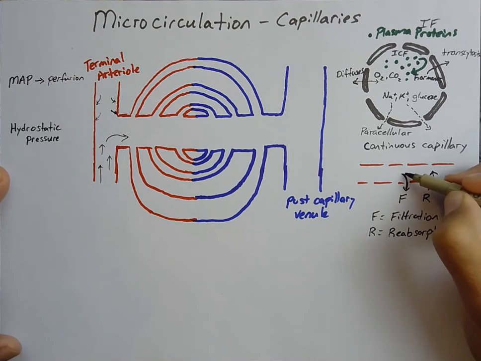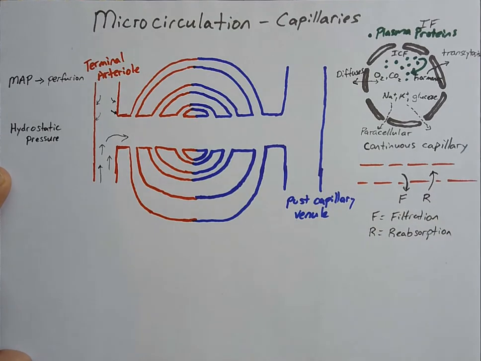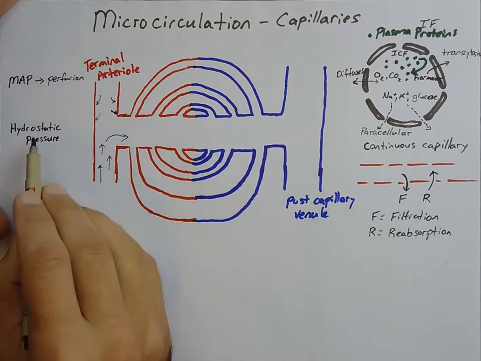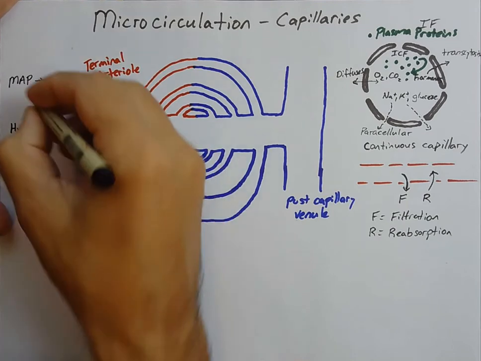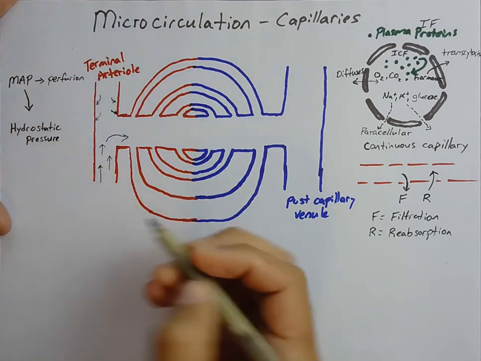Where filtration is the movement of material out of the blood, reabsorption is the movement of material back into the blood. Nice. We're starting to get somewhere. So now what I want you guys to do is go back and go, we have our hydrostatic pressure here, which in essence is the same thing as saying mean arterial blood pressure, more or less.